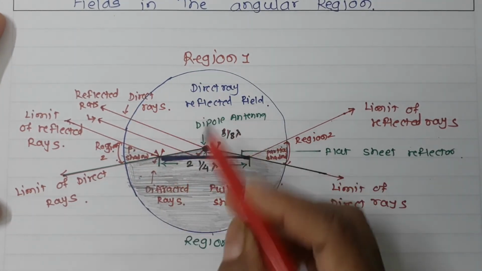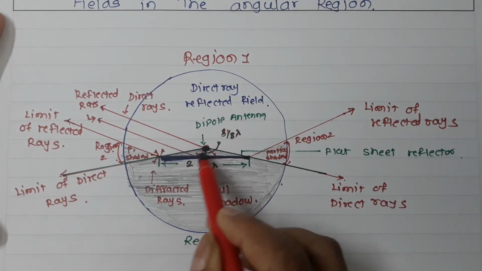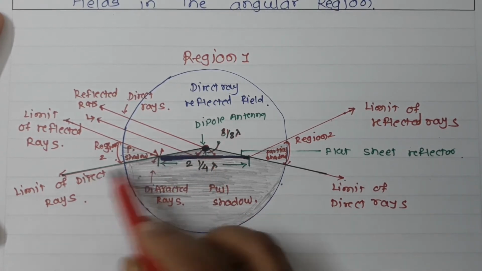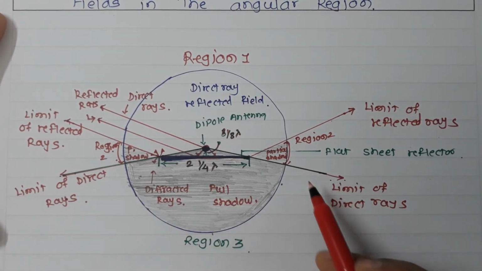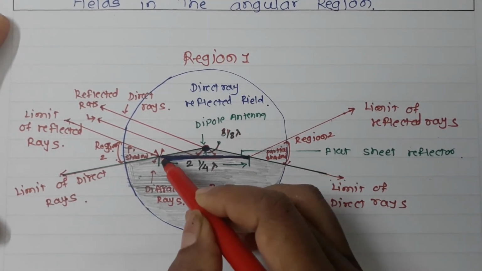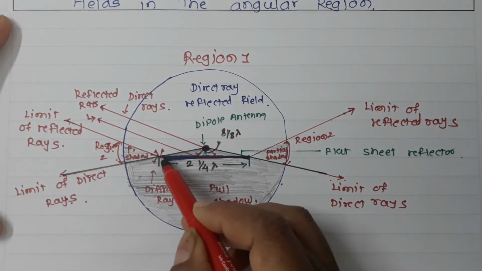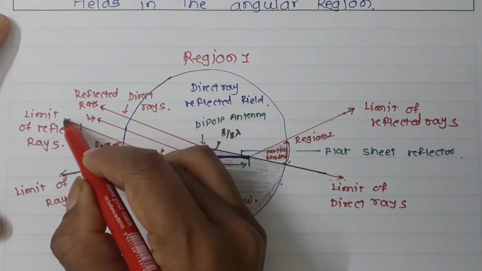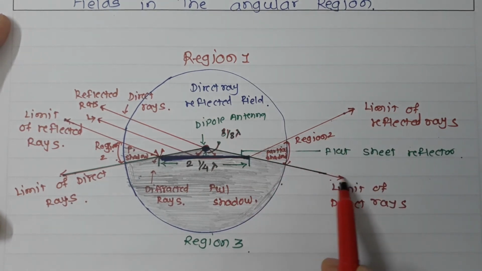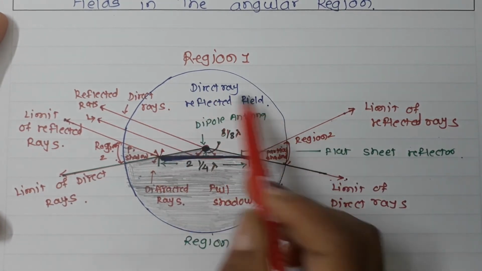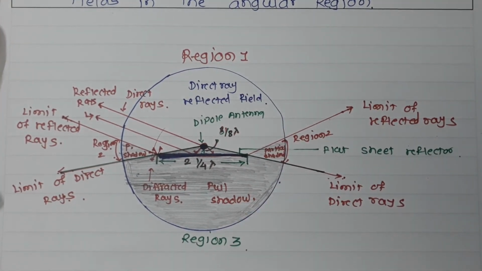These are the direct waves, but this will be the limit, as your direct waves cannot pass this reflector sheet. This will be the limit of direct waves, and the reflections will happen till here. So this will be the limit of reflected rays. In this particular region you will observe direct rays and reflected rays.